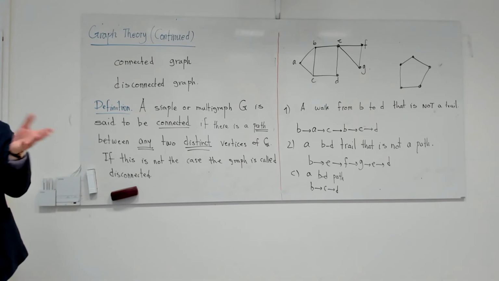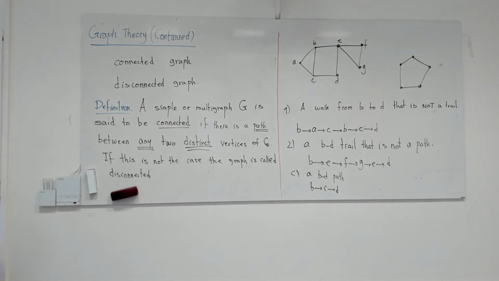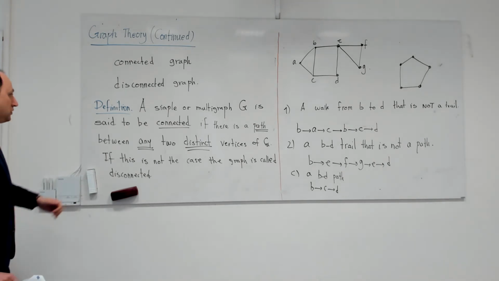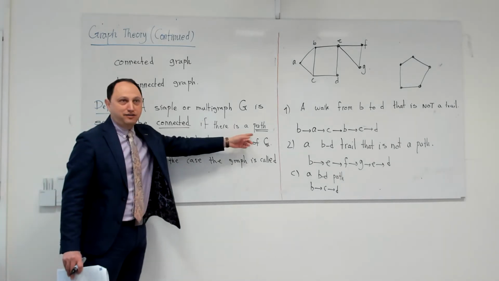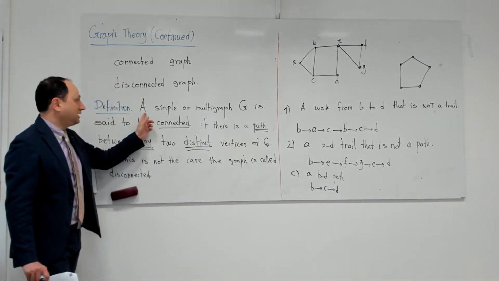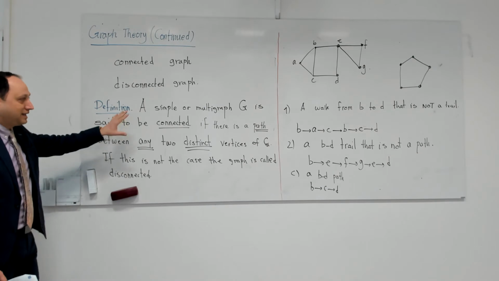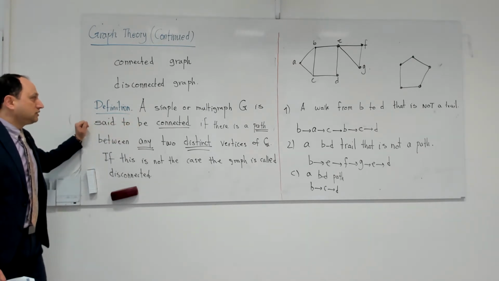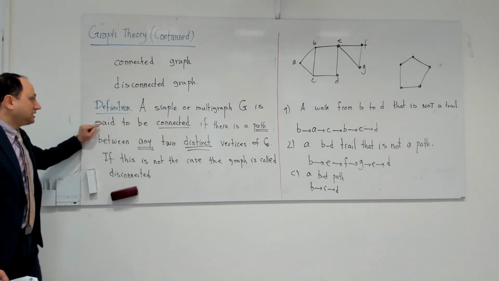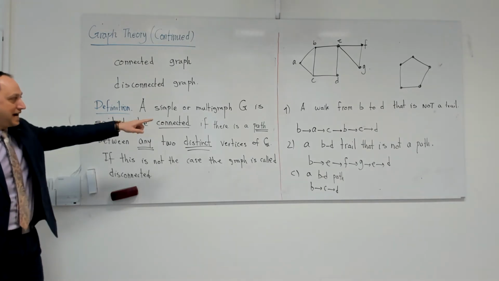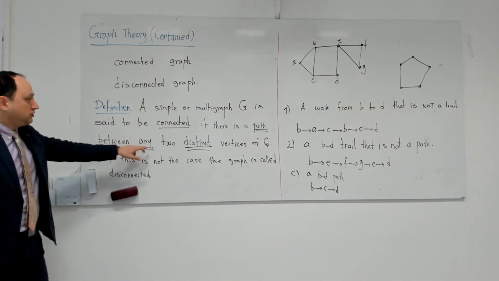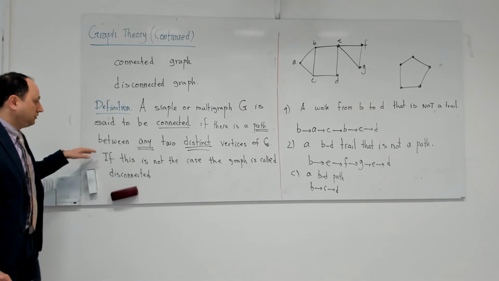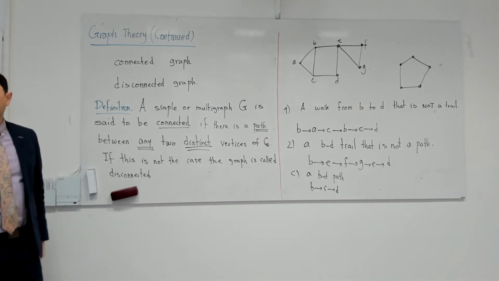So it's possible to prove it. I don't think it's hard to prove this one. So this is why it is defined based on a path, not a walk. So, anyway, that's the definition. A simple or multi-graph G is said to be connected if there is a path between any two distinct vertices of G. If this is not the case, we say the graph is disconnected.